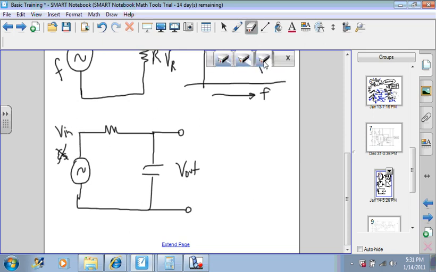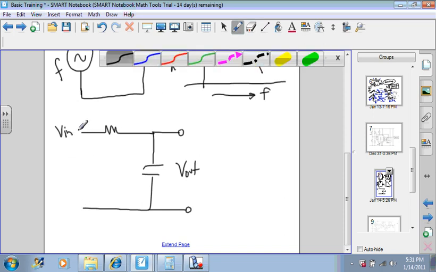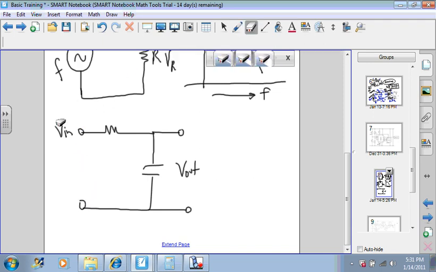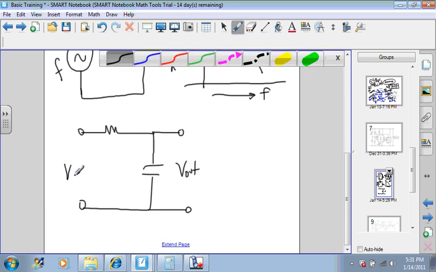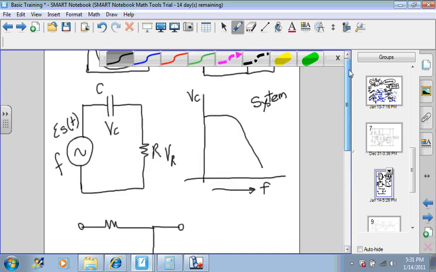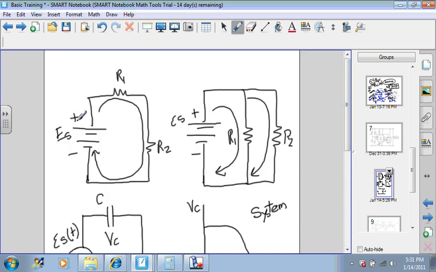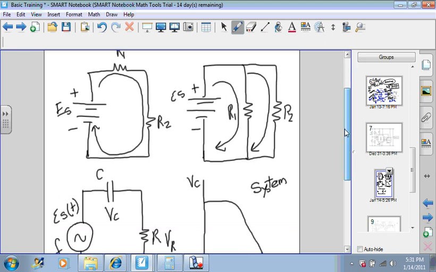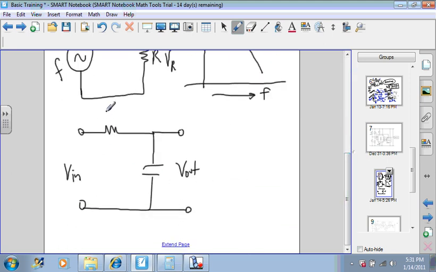So instead of just looking at this as an energy source, we do not consider this as an energy source. We start thinking of this as an input signal. So right before our eyes, without many of us knowing, we were beginning to move away from analysis like loops, and we begin to move more into system analysis.